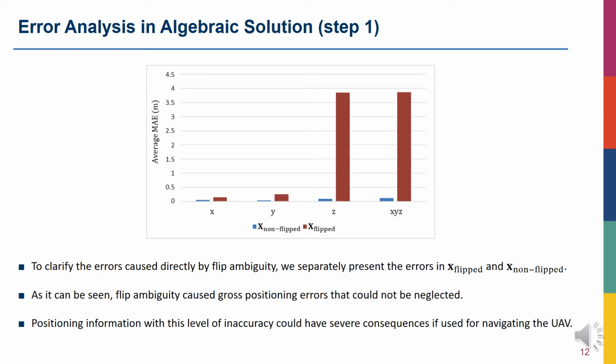To clarify the errors caused directly by flip ambiguity, we separately present the errors in X-flipped and X-non-flipped. As can be seen, flip ambiguity caused gross positioning errors that could not be neglected. Positioning information with this level of accuracy could have severe consequences if used for navigating the UAV.